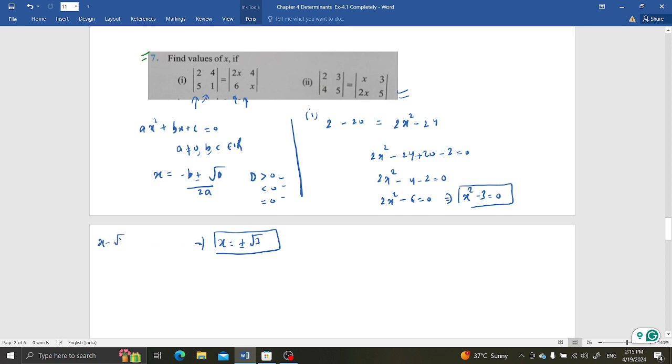We have x minus root 3 and x plus root 3 equal to 0. So either this is 0 or this is 0. From here we get two equations, two roots, that is plus minus root 3. Now this one is your homework. You need to complete it by yourself because it is very easy.